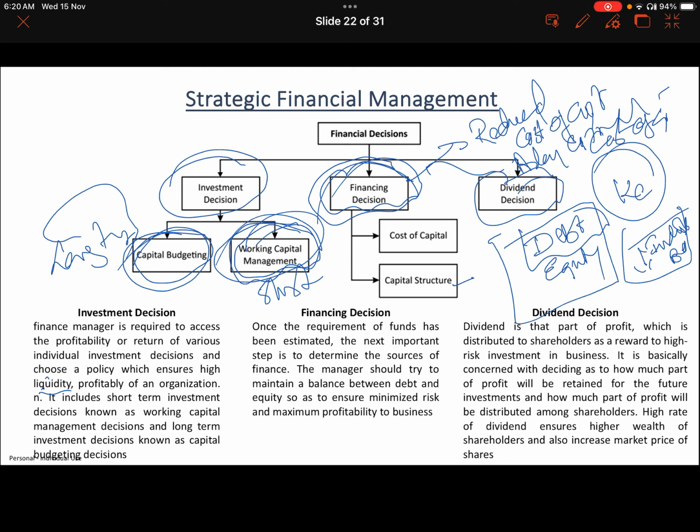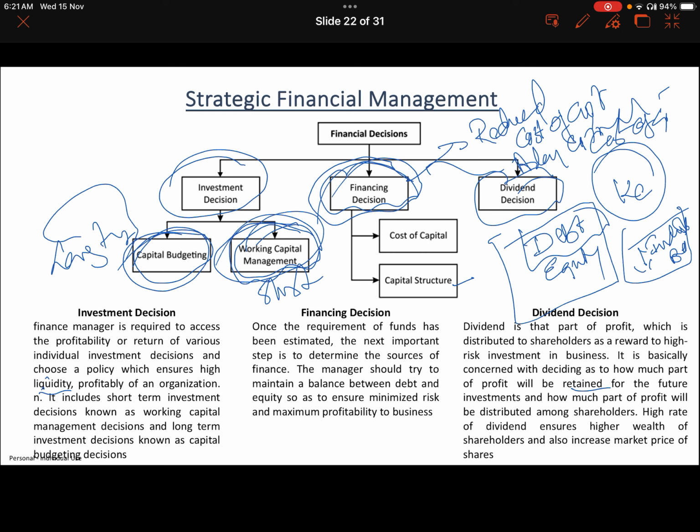The three strategic decisions which finance management will take are: investment decision, which includes capital budgeting and working capital management; financing decision, which includes capital structure and cost of capital; and finally dividend decision, how much dividend should be paid and how much should be retained for future use within the company itself. The amount retained after paying the dividend is internal generation of capital for the company. That's all about financial strategies.